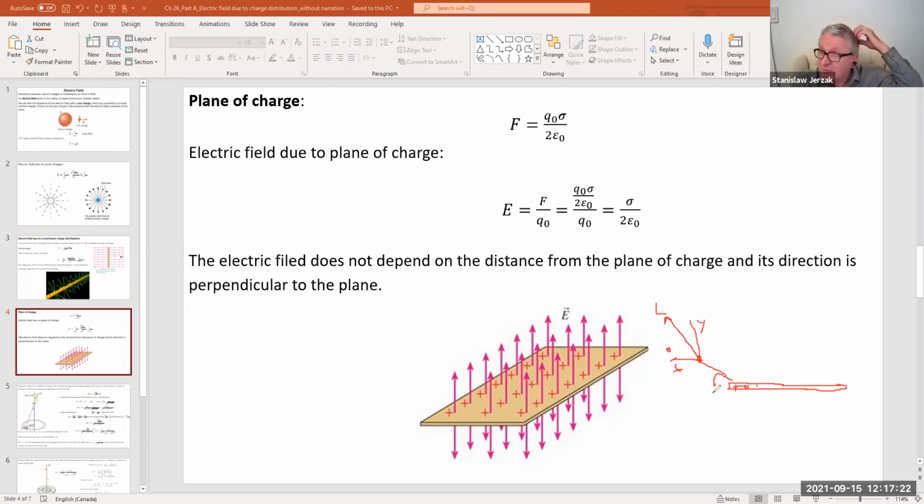So usually this is done by computer simulations or computational physics, because expressions are very complicated. But in practice, it is possible to calculate the electric field at any point. If you know distance and angles, it's possible to do, but these integrals are very complicated.